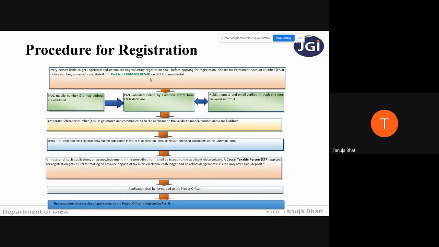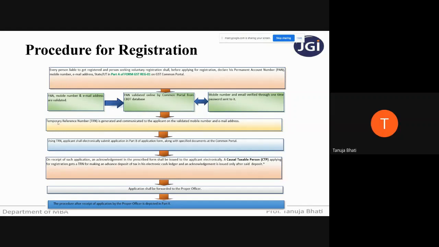The PAN number will be validated by the CBDT side, email address and mobile number will be validated by sending a password on it. Once everything is found to be correct, a TRN, temporary reference number, will be generated and communicated on that particular mobile number or email address. Up to here, is the step clear, students? Yes? Yes, ma'am.